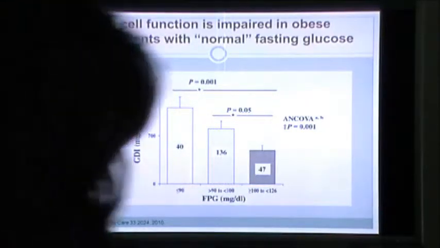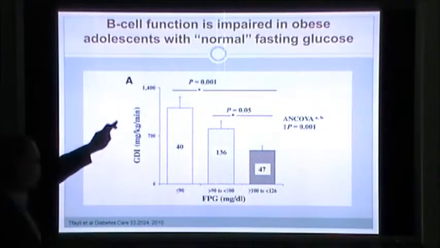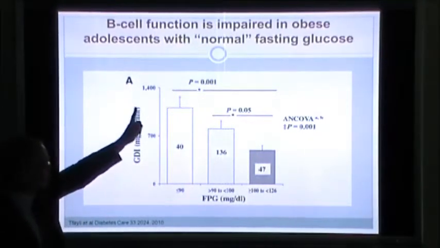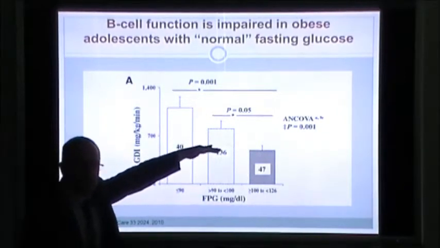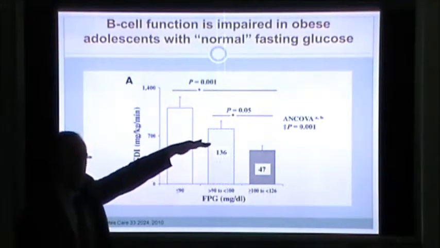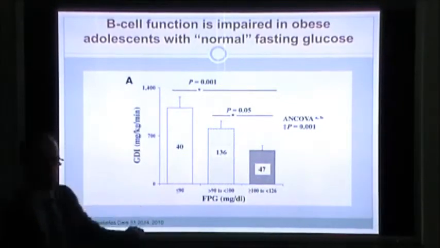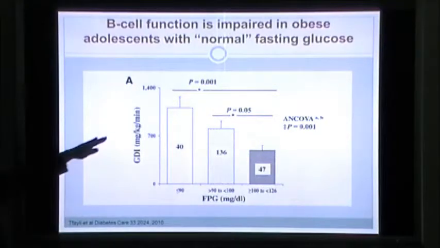This is a study from Silva Arslanian's group showing that even in adolescents with normal fasting glucose, there is a loss of insulin secretory compensation for resistance, measured as glucose disposition index.